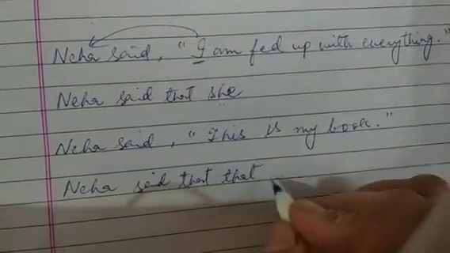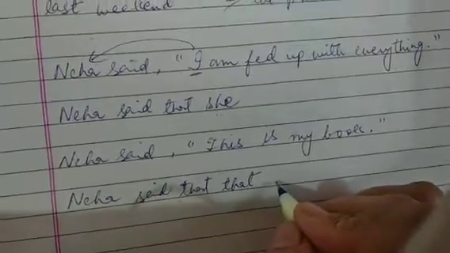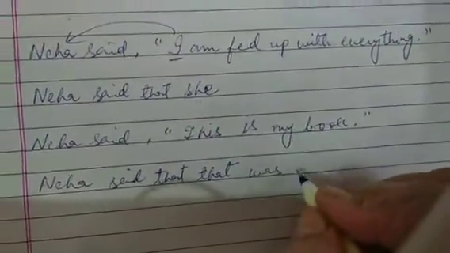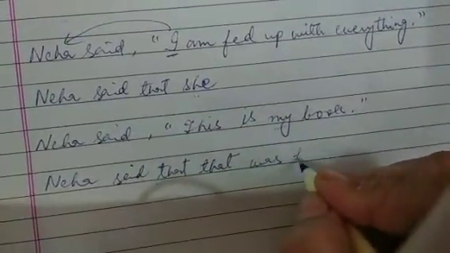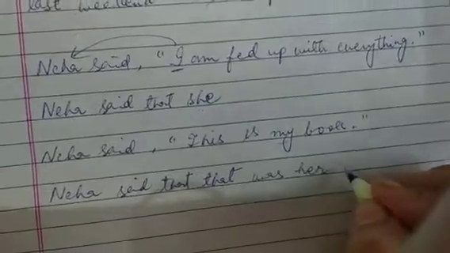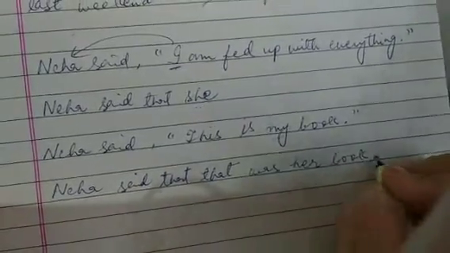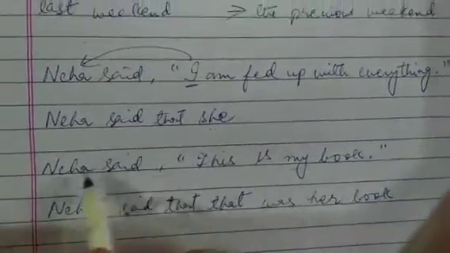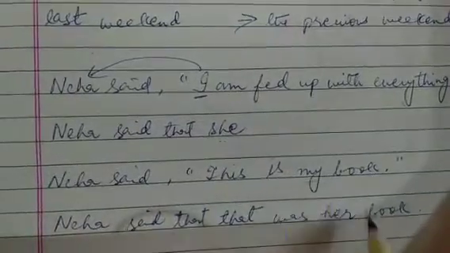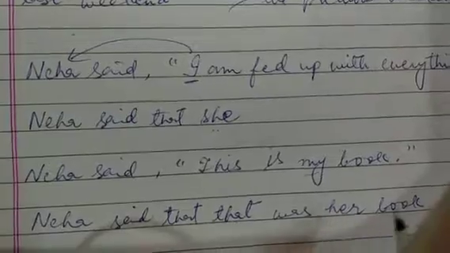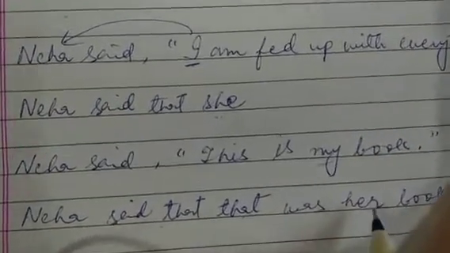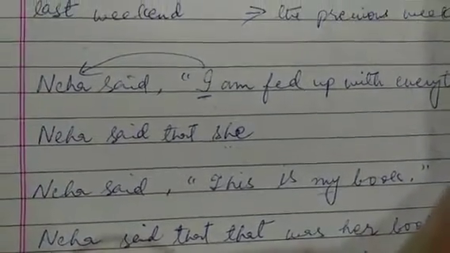Neha said that that was my book. Now my changes into her. That was her book. This my here means Neha, she is saying this thing. So when you are changing it, you have to take care of these things also and convert them according to the meaning of the sentence.